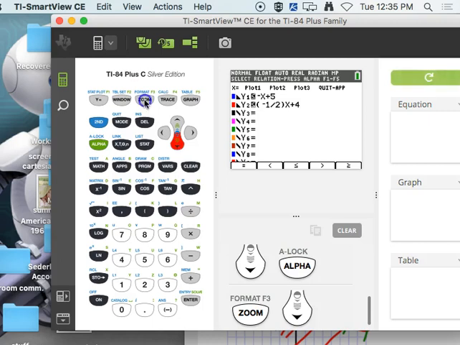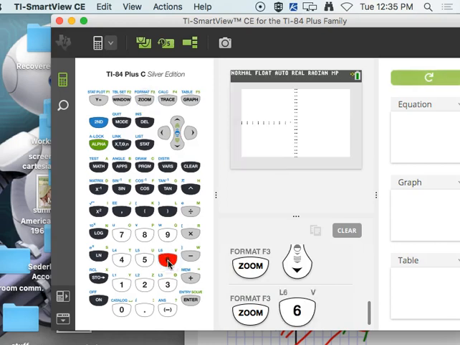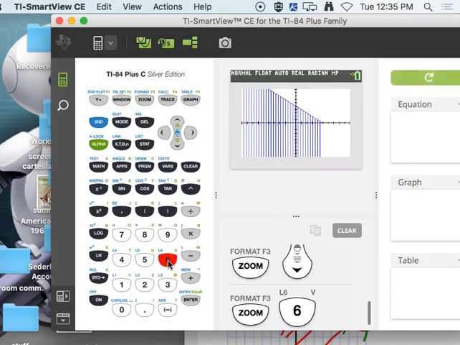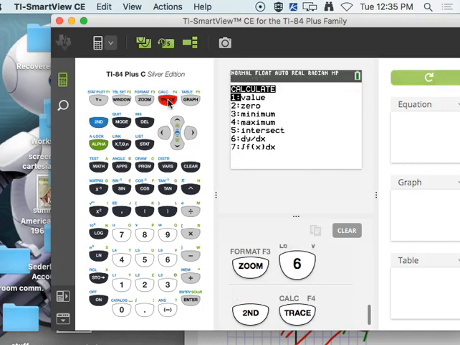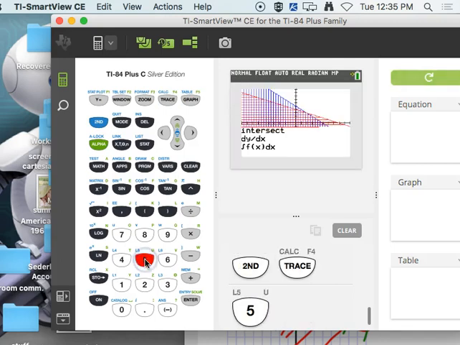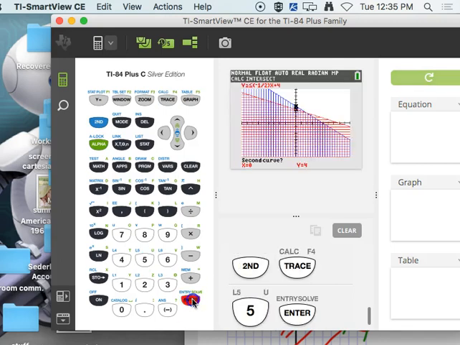Now, if we hit zoom 6, or even just graph, it's going to do the shading and everything for us. But what we really cared about was, where did those two hit each other? So whether or not the shading is there or not, we're all going to be looking for this spot right here. So that will be second, trace, and number 5, intersection. And if you hit enter 3 times, now we're absolutely certain (2, 3) is it.